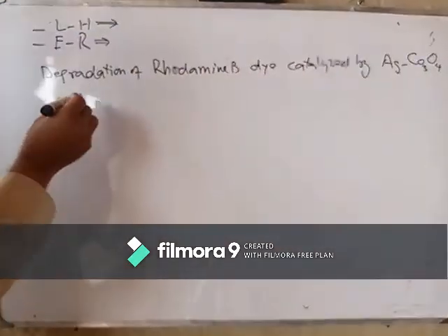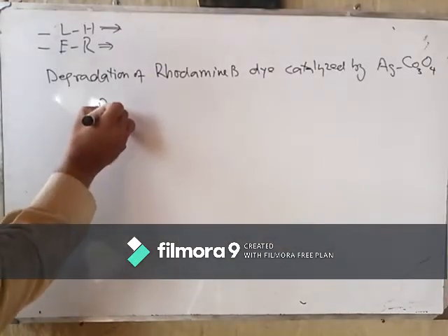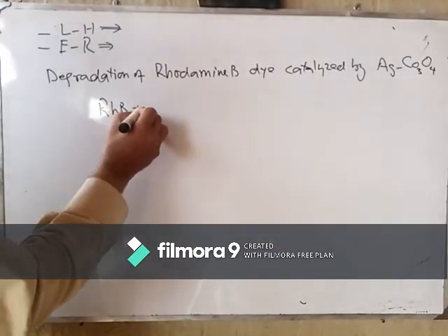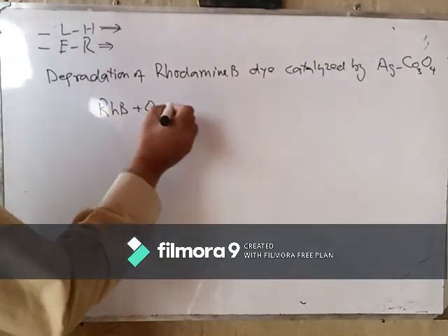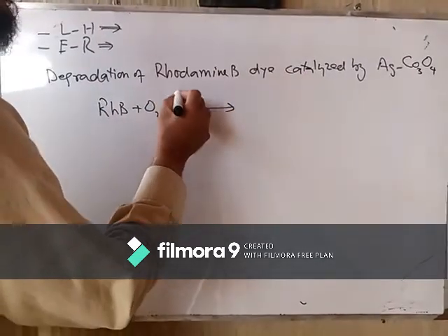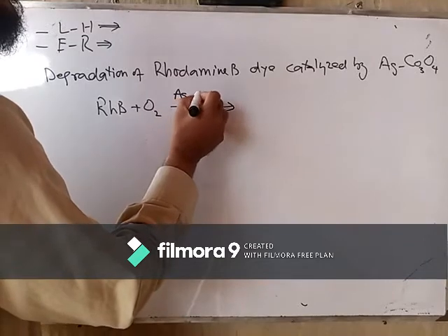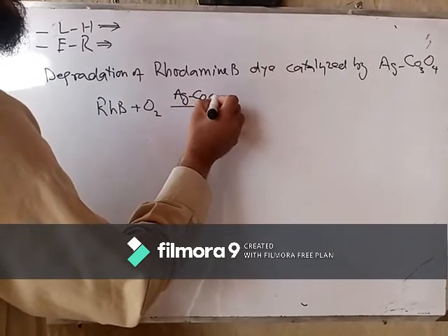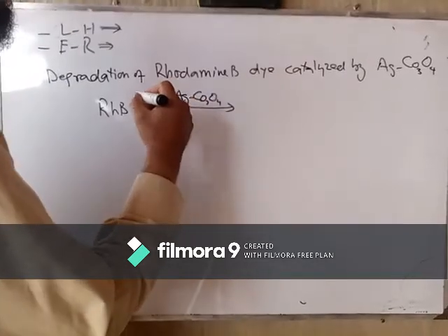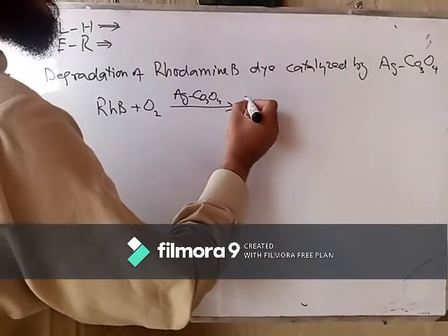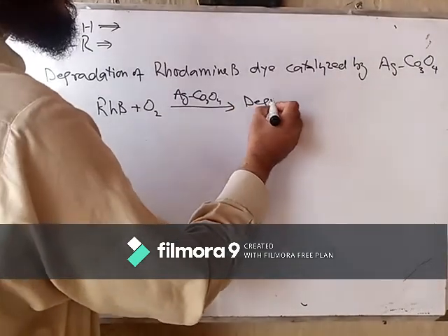Rhodamine B degradation in the presence of oxygen and AgCo3O4 gives degradation products.